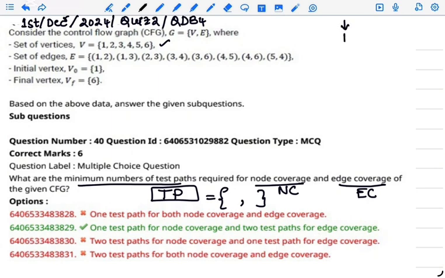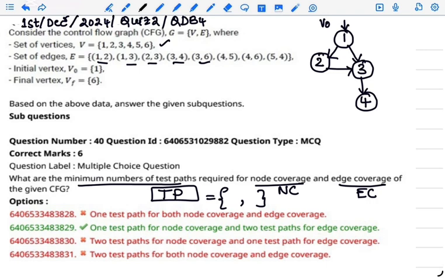So 1 is the starting node, the initial node, that is V0. 1 to 2 is an edge, and 1 to 3 is also an edge, and 2 to 3 is also an edge, and 3 to 4 is also an edge, and 3 to 6. 4 and 6 are level 3 nodes, and 4 to 5, so 5 is level 4, and 4 to 6, and 5 to 4 is a back edge, and 6 is a final vertex, right?